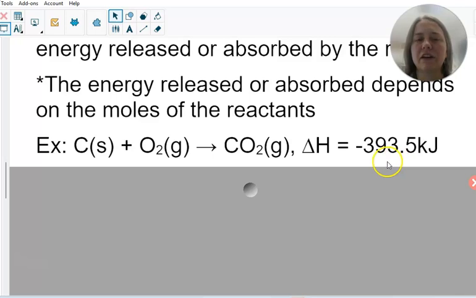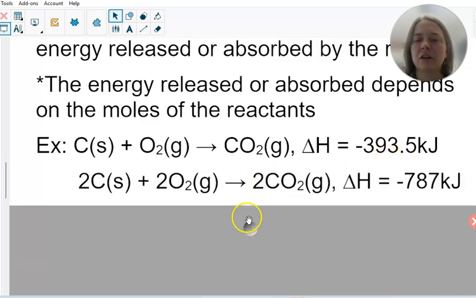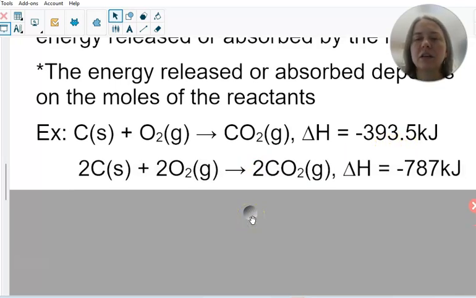It gave off energy. Whereas if we have twice as much carbon, twice as much oxygen and twice as much carbon dioxide, we're going to have twice as much energy released. So maybe a little fire versus a big fire. Delta H equals negative 787 kilojoules. All right, please write those down.